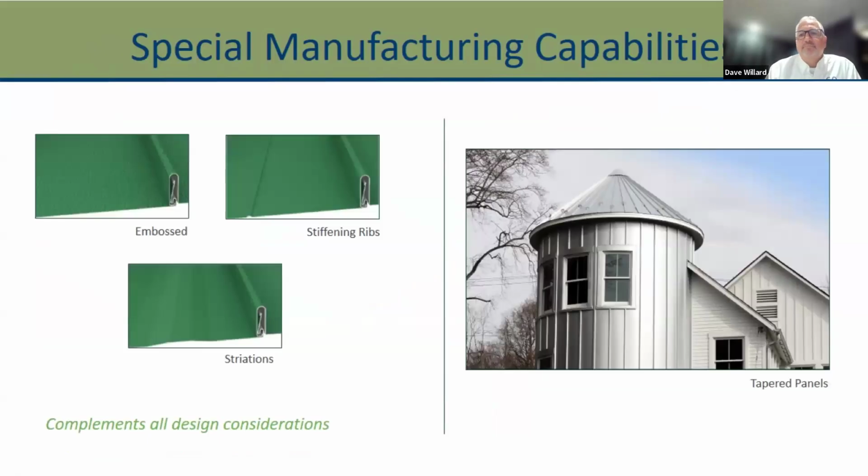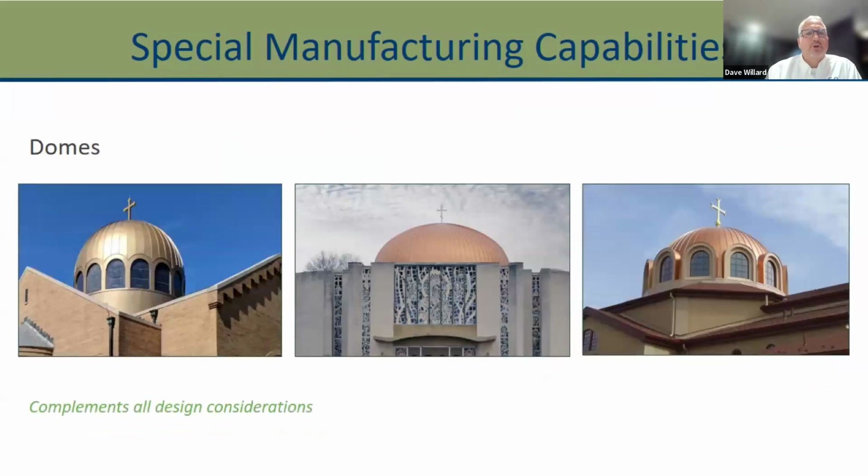As in this silo kind of look here, we can actually do different tapers with panels. The panels can be embossed. We can have stiffening ribs, striations. Again, really up to your imagination when you talk to your rep as far as what you can do or what you want to do. Some domes are really special because they're usually unique.